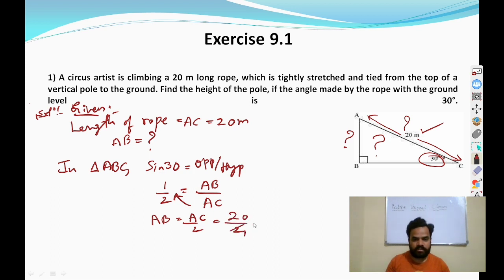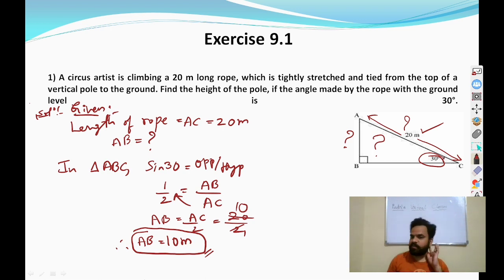Now 2 ones are 2, 2 ones are 2, this 0 as it is, 2 tens are 20. So what did we get now? Therefore AB is equal to how much did we get? 10. 10 what? 10 meter. Therefore AB is equal to 10 meter. This is the answer. As I told, in case of application problems, you must conclude the answer by writing the conclusion.